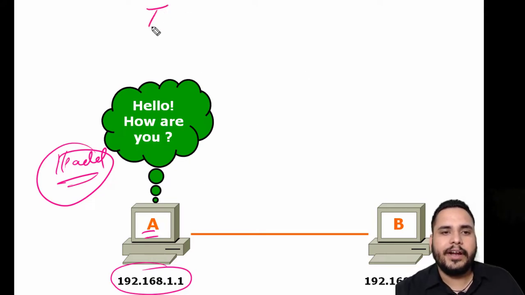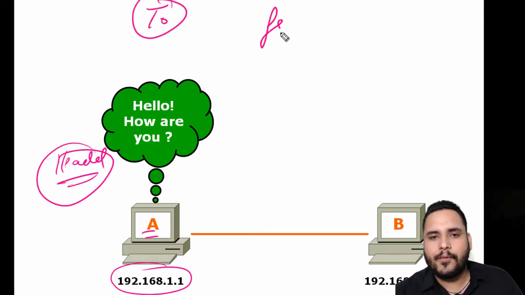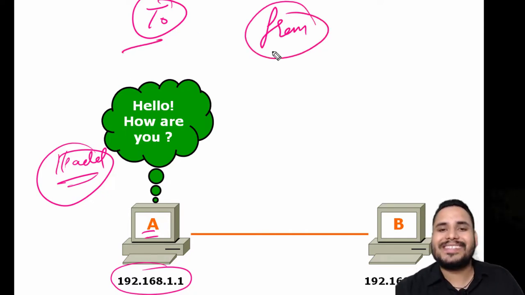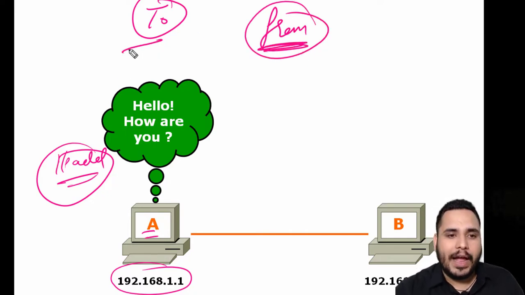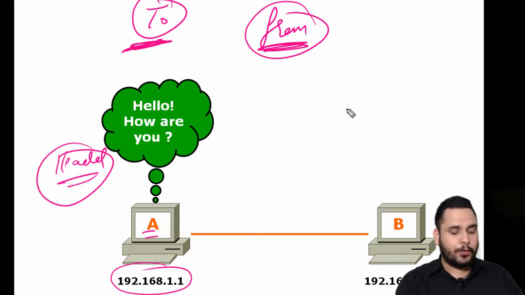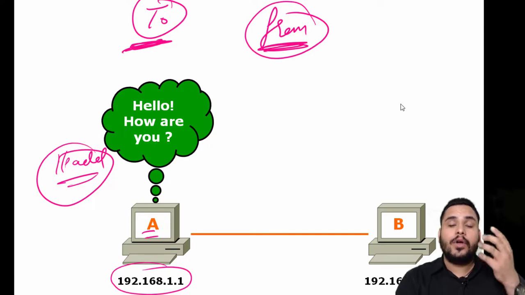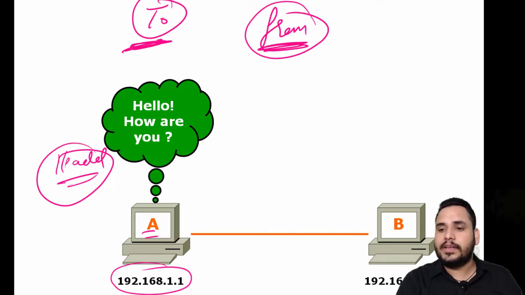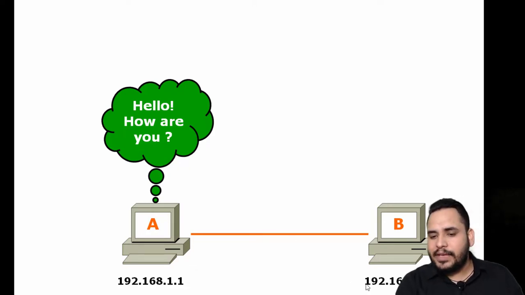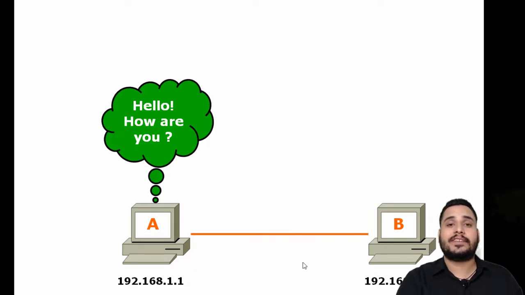Then you need to write who is sending, like from, and who is the receiver, to. Similarly, in our network layer, logical addressing is there. A's unique address is 192.168.1.1. B's unique address is 192.168.1.2.